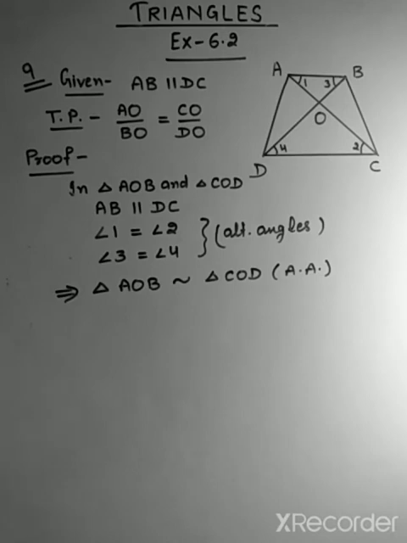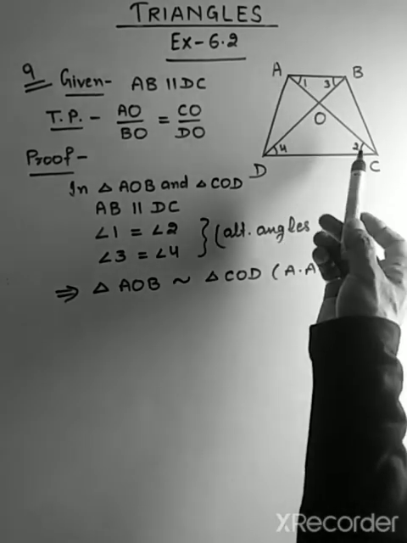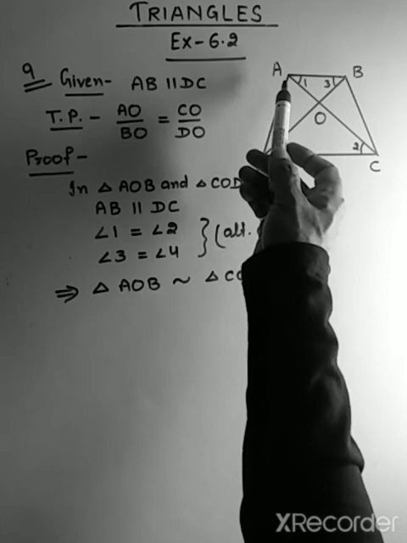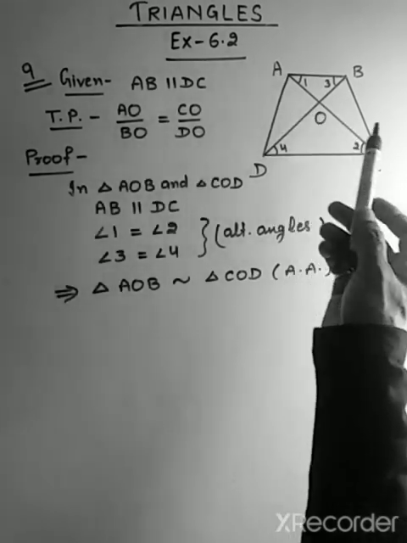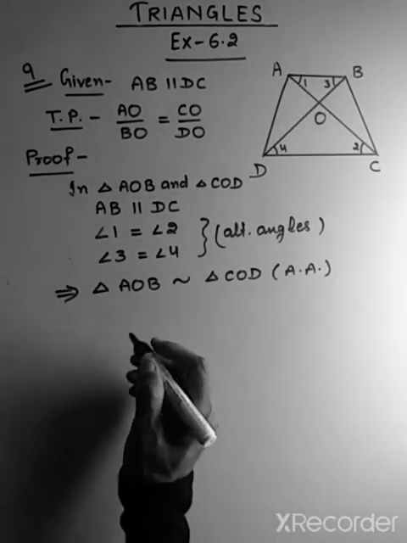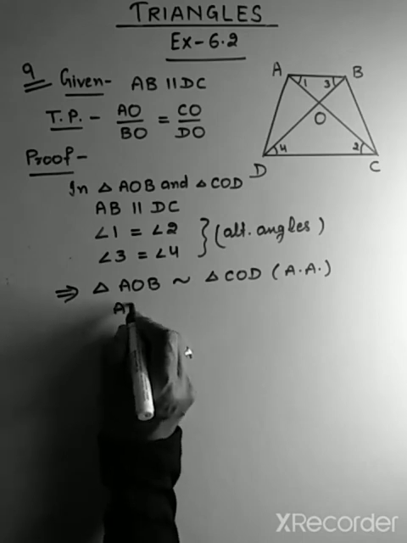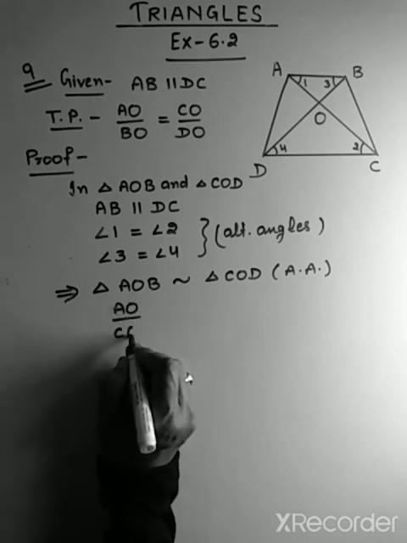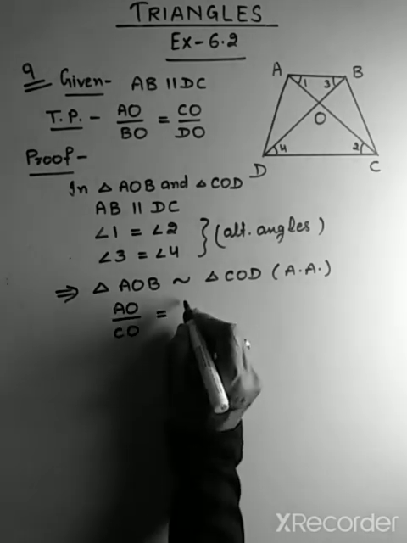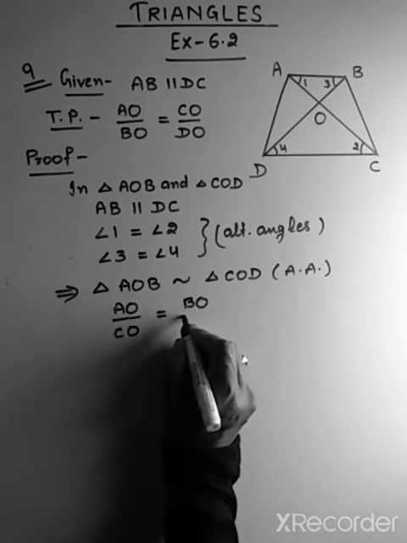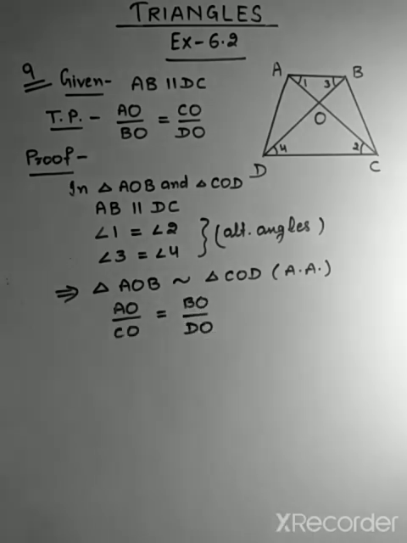Now, if triangles are similar, then the ratio of their corresponding sides are equal. Since angle 1 equals to angle 2, the corresponding side of AO is CO. So AO upon CO equals to BO upon DO.